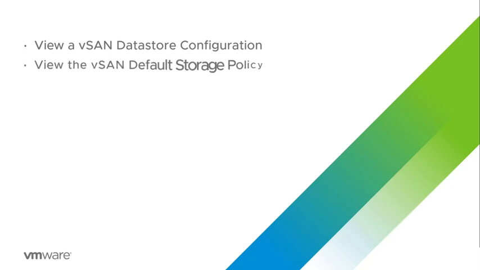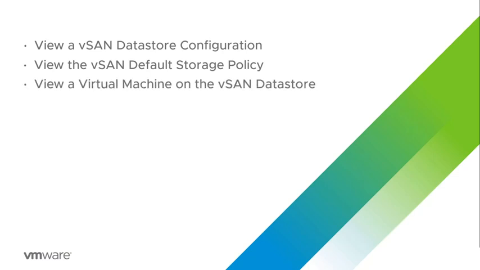In the next task, we will view the vSAN default storage policy and how it affects the available space on the vSAN data store. Finally, in the last task of the lab, we will power up a virtual machine on the vSAN data store and examine the objects of the virtual machine that are stored on the vSAN data store. I'm sure I provided you enough good reasons to watch the following video on using a vSAN data store.